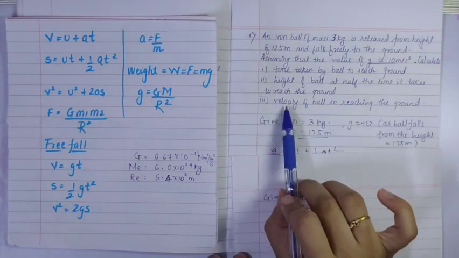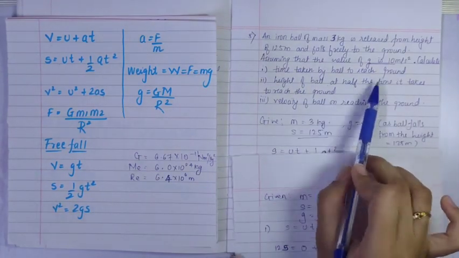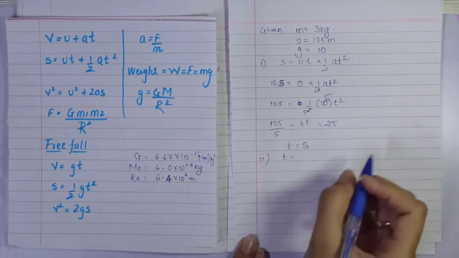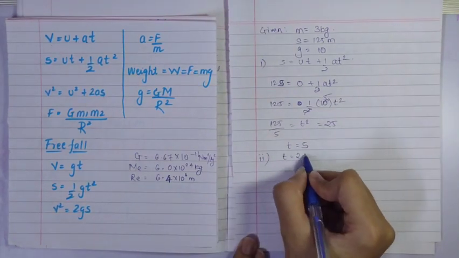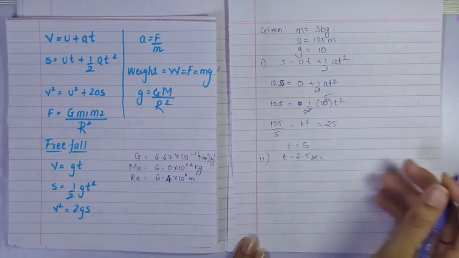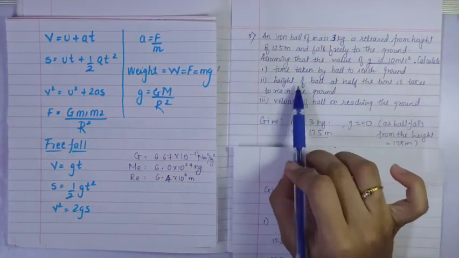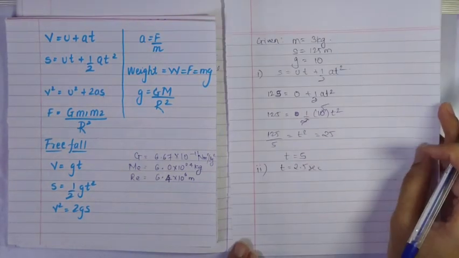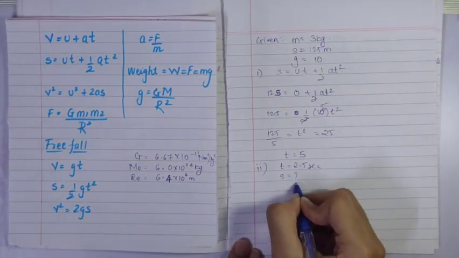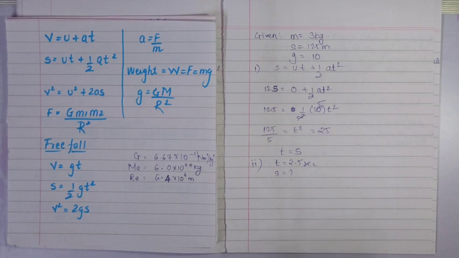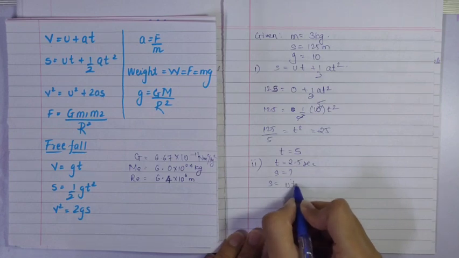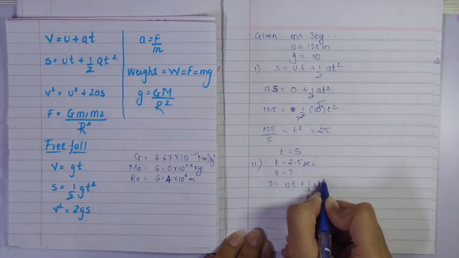Next, what have they asked you? They have asked you to find the height of the ball at half the time. Now what is the time taken? 5. So half the time is 2.5 seconds. Next, height of the ball at half the time it takes to reach the ground. They have asked you to find the S at 2.5 seconds. So S is equal to, again, ut plus half at square.